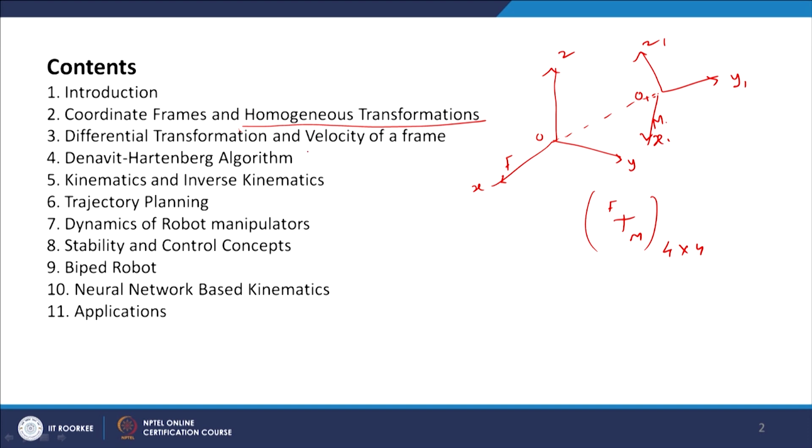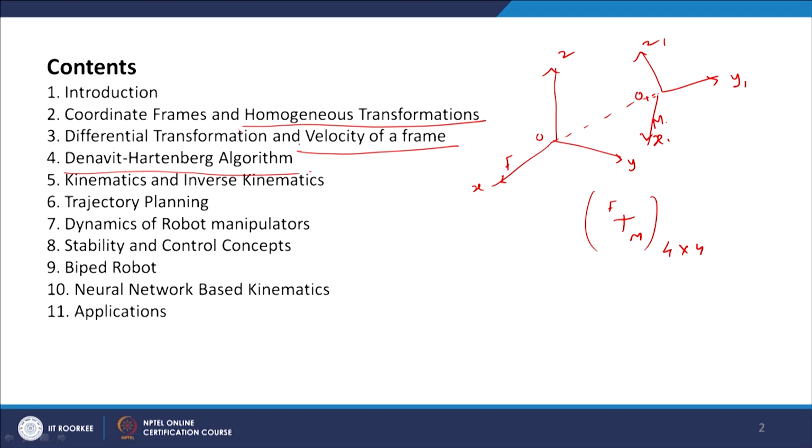And then the velocity of a frame with respect to another frame. If the frame M is moving in space with respect to the F frame, how do we represent the velocity of the M frame with respect to the F frame? And then the Denavit-Hartenberg algorithm, which is with respect to a robot manipulator.